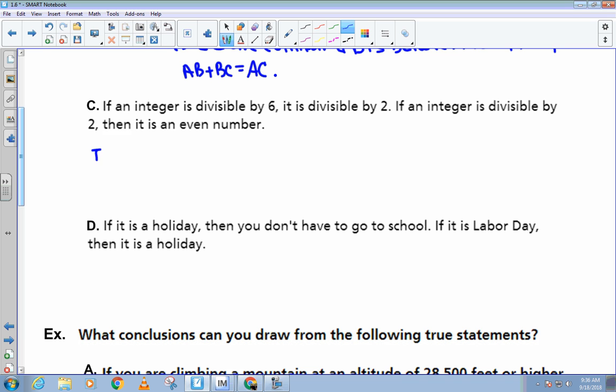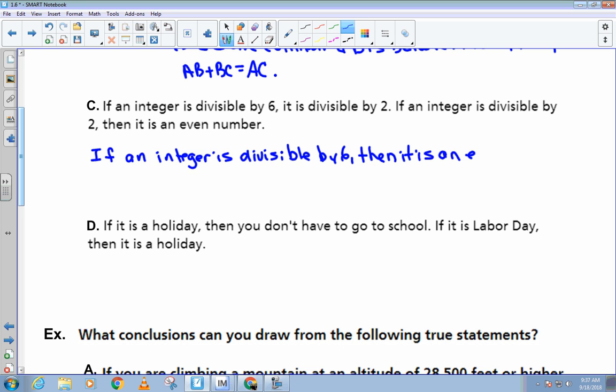Good. So again, you have if P, then Q, if Q, then R, and then this is my if P, then R.